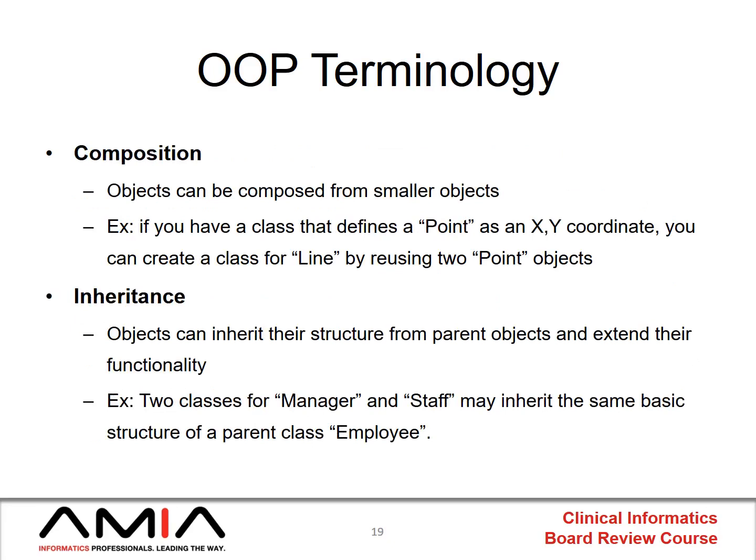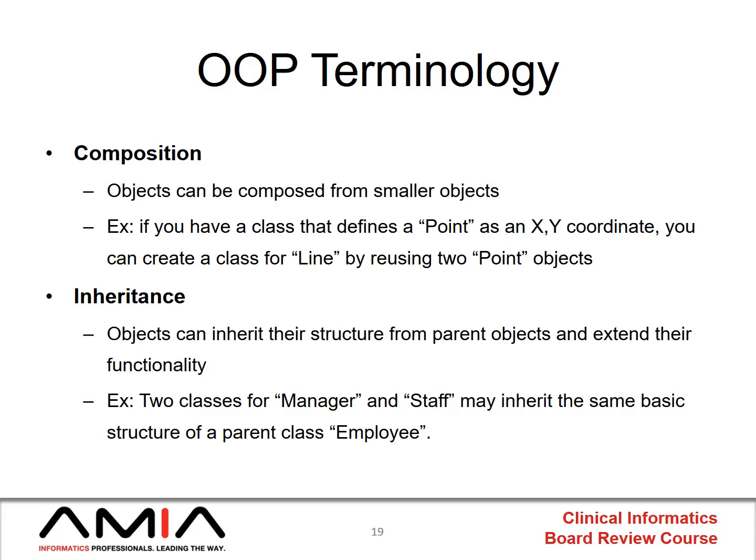Continuing the object-oriented programming terminology, there's this term composition, which is the notion that objects can be composed from smaller objects. And this is actually probably one of the most powerful things about object-oriented programming, that you can create very complex software objects from smaller, simpler objects.